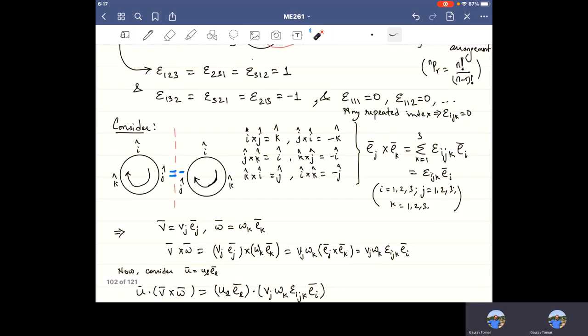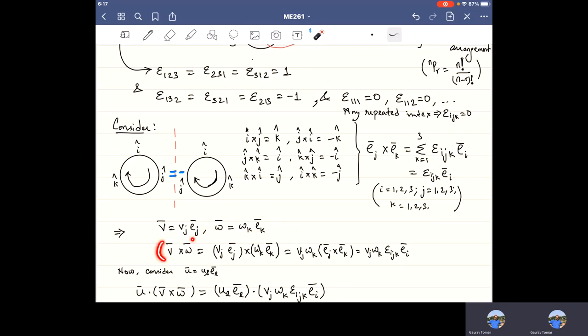Our indices will run only up to 3 because we're dealing with 3D spaces, so our vectors will have that length. So a vector v, let's say, we write as vj ej in its components, v1 e1 plus v2 e2 plus v3 e3, and similarly w can be written as wk ek. Now k is repeated, so k runs from 1 to 3, and this is a summation.